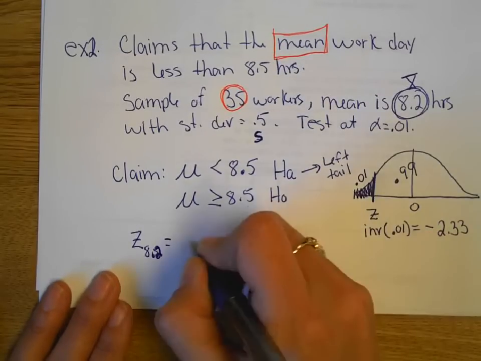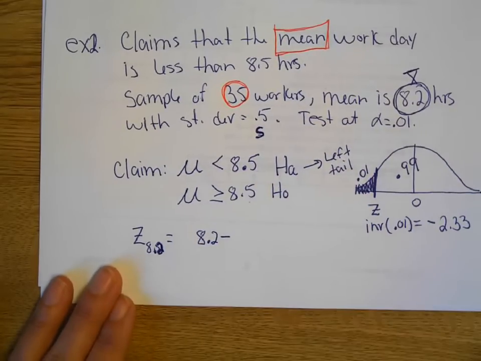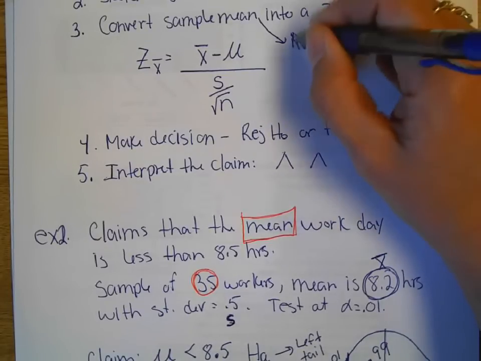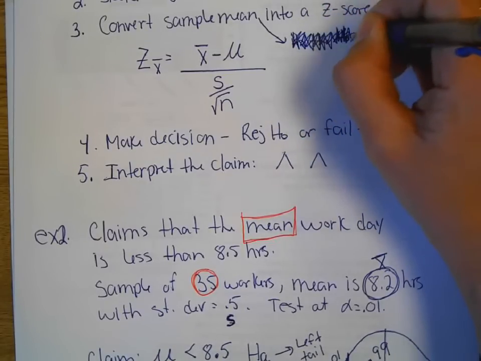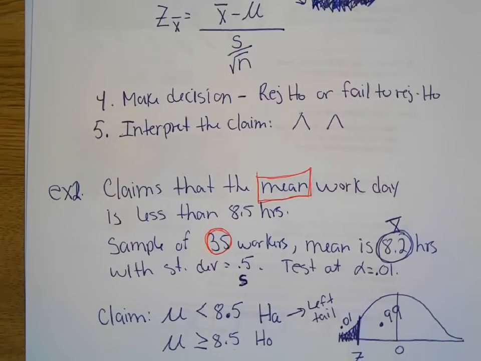So it's 8.2 minus the mu. What's the mu? 8.5. Oh, that's why. This was wrong. Get rid of that in the Ho. That's what screwed me up. It's not in the Ho.